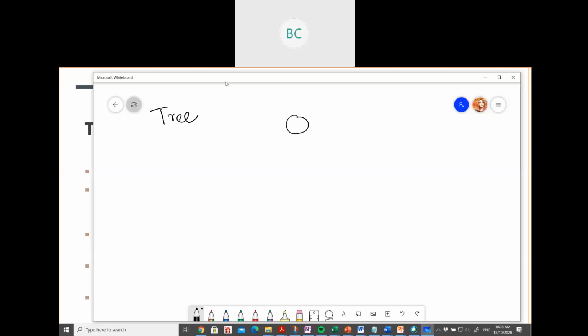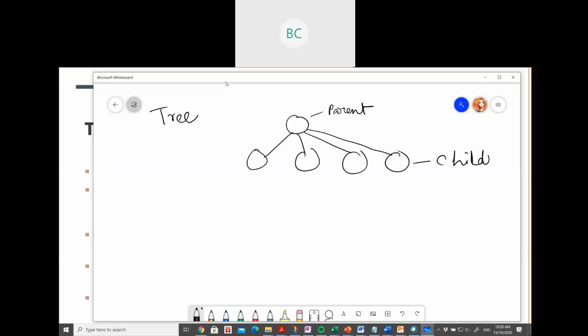A tree will always have a single parent. This will be your parent. Then there can be many other nodes, and these other nodes will be the children. So all the data are stored in the form of a parent and children relationship. So this is a non-linear data structure.